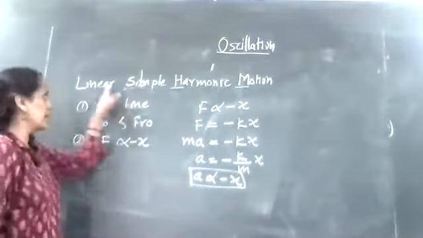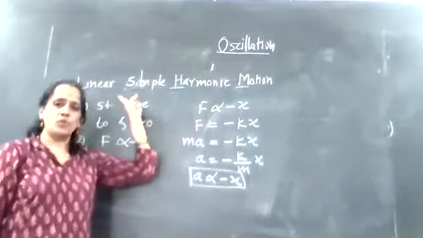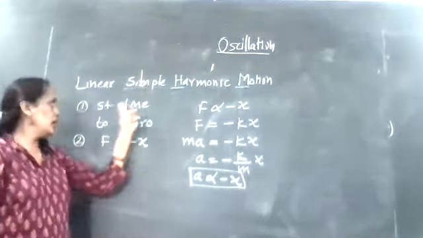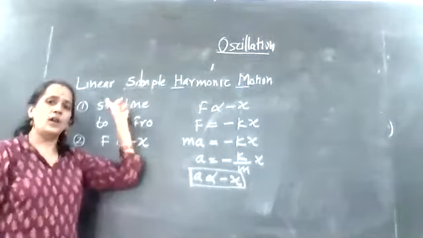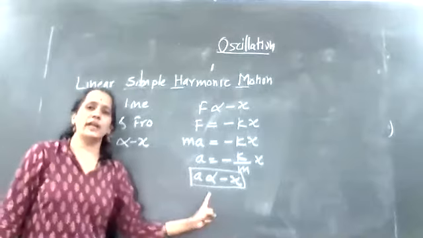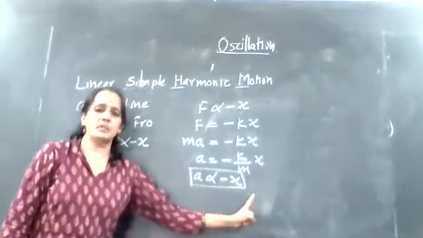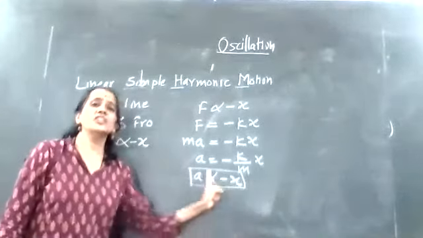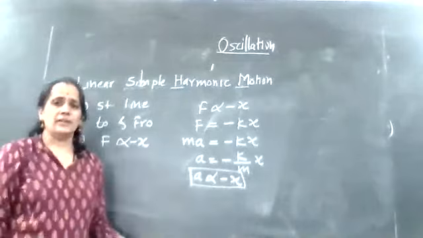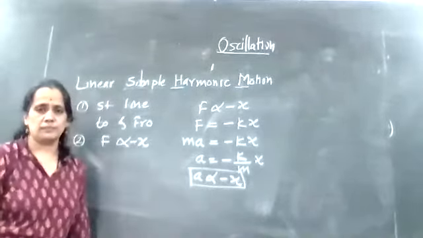Linear simple harmonic motion is the motion of a particle when it is moving to and fro along a straight line, and at that time the acceleration acting on the particle is directly proportional to the displacement and their directions are opposite. Or you can say that the particle's motion is always towards the mean position.